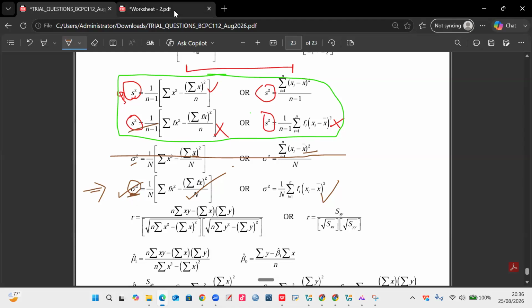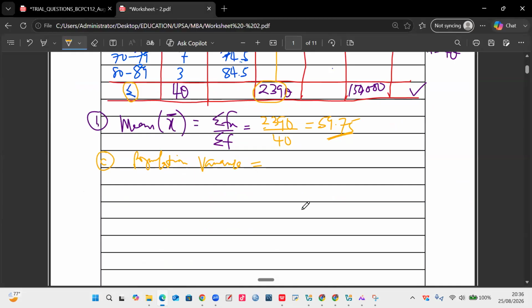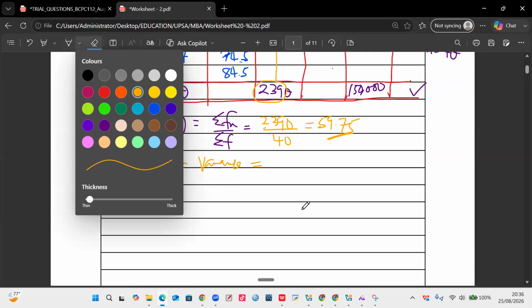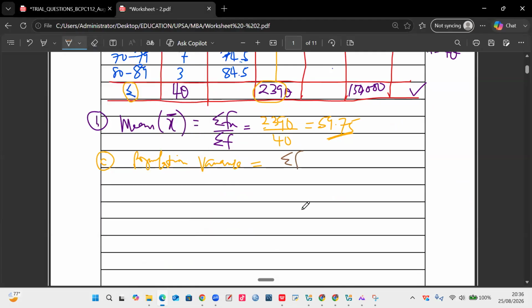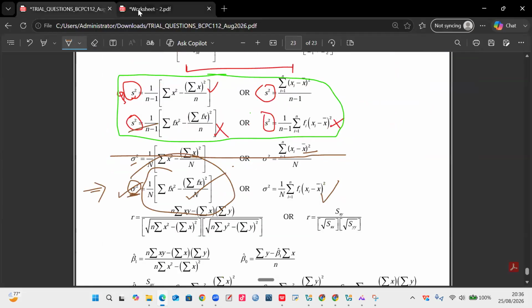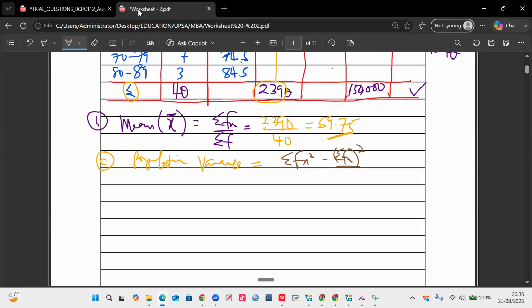So let's try the population variance. Now, this formula they have written is the same as saying sigma fx squared minus sigma fx all squared divided by sigma f, all over sigma f.